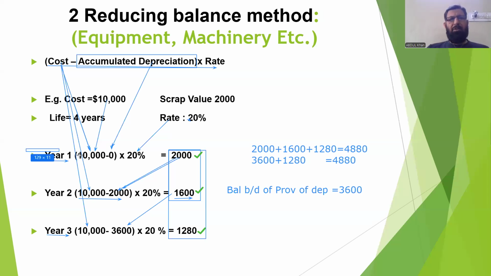So if the balance is given, I mean they didn't give you all these amounts, they give it directly, and they simply ask you to calculate the year three depreciation. So what will you do?